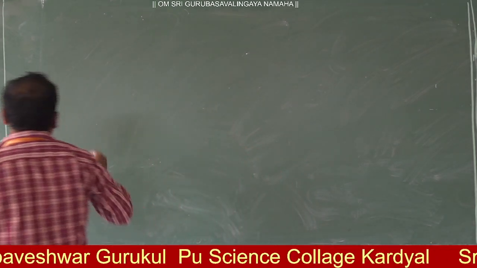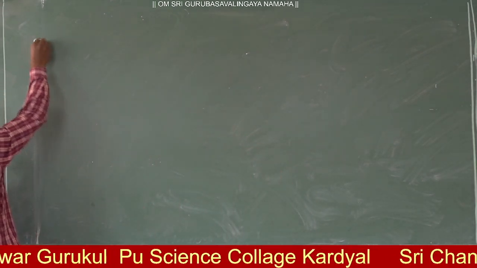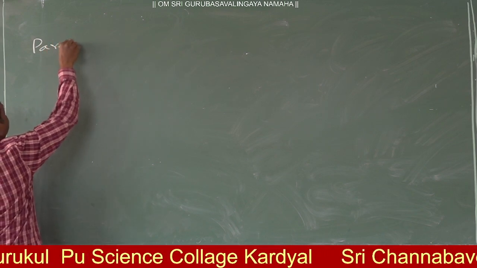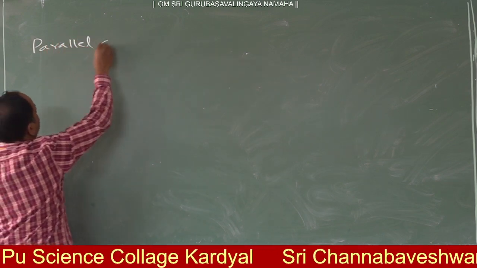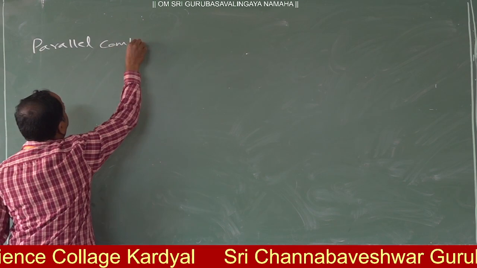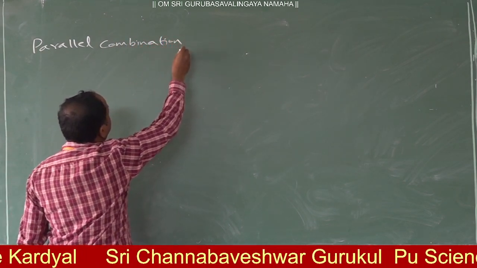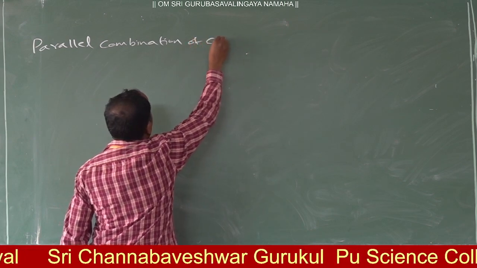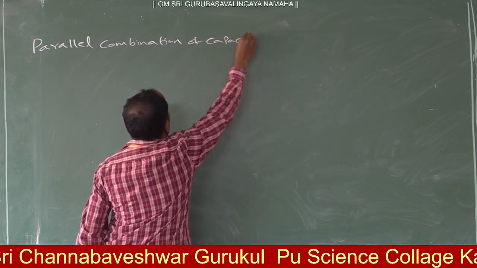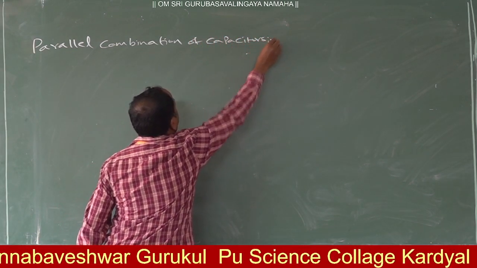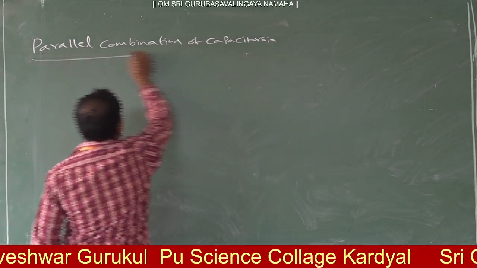Next one is parallel combination of capacitors. Observe carefully. What is meant by parallel combination of capacitors?